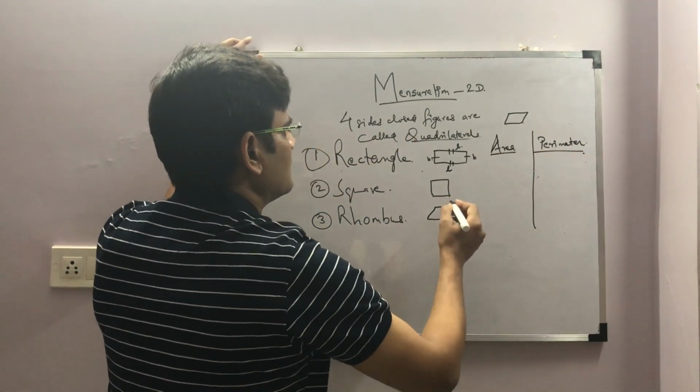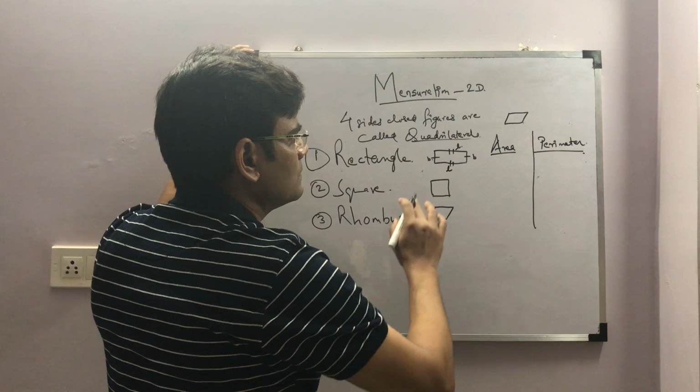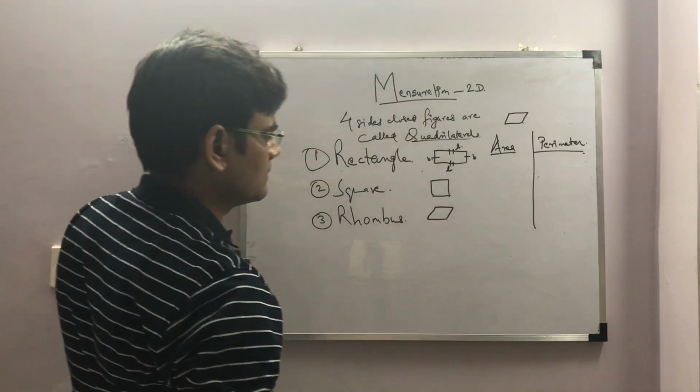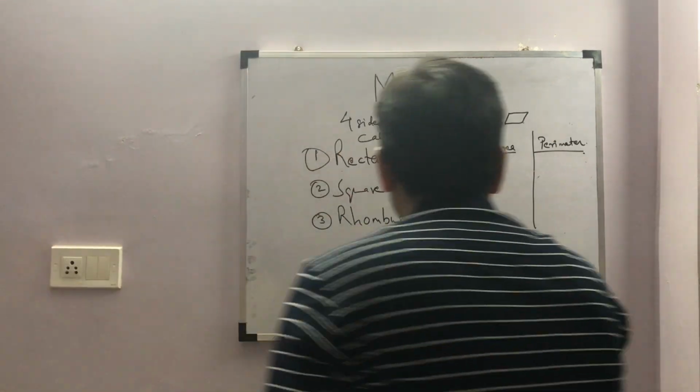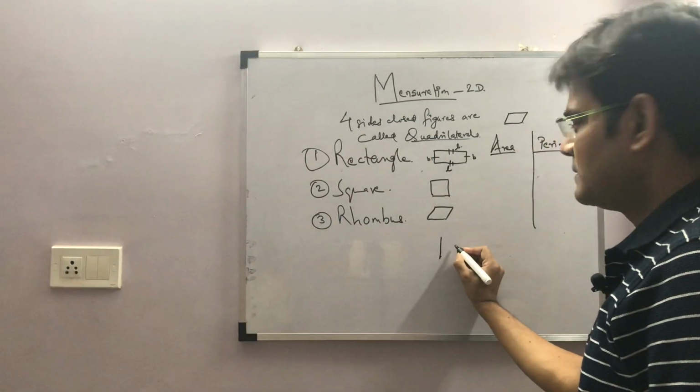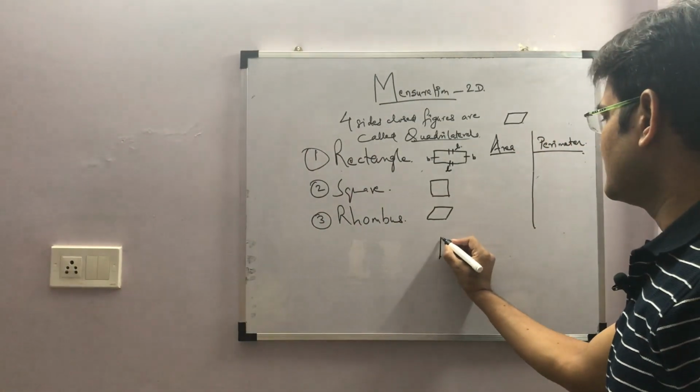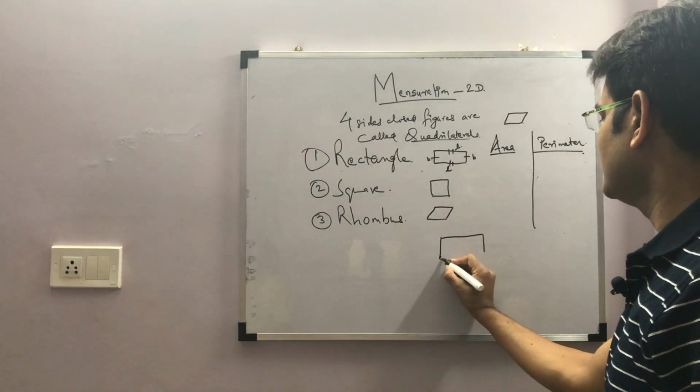Area, how do you make a rectangle? You know, right? If I say this is a rectangle. Now how do you name?